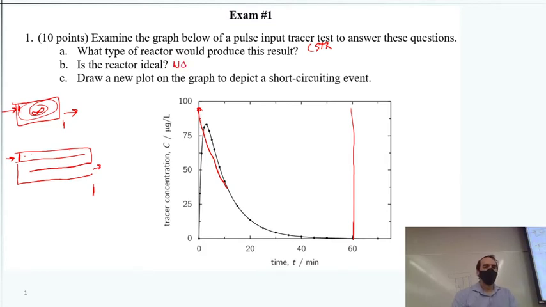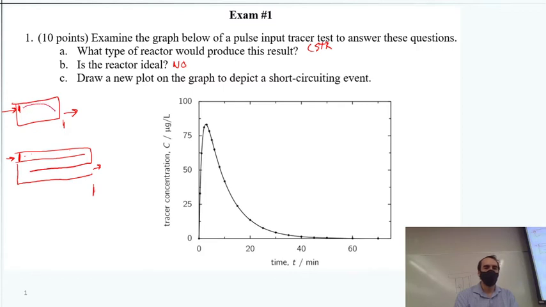And so then if you were to consider what a short-circuiting event would look like, that would entail that in your CSTR, normally it all gets mixed throughout the whole thing. In this case, we have some stream of water that's going directly from one end to the other.